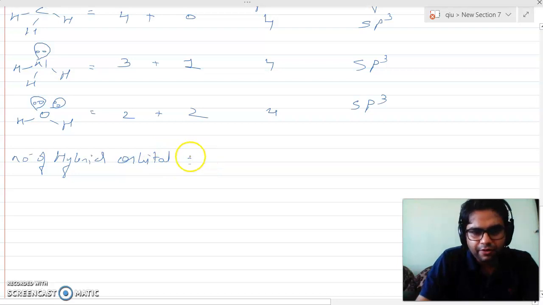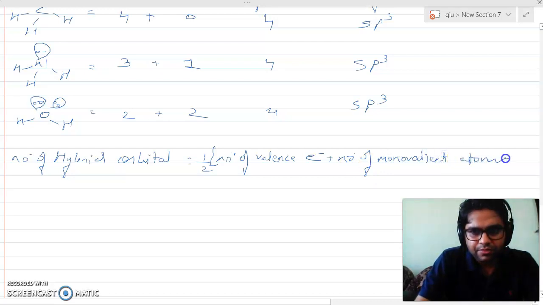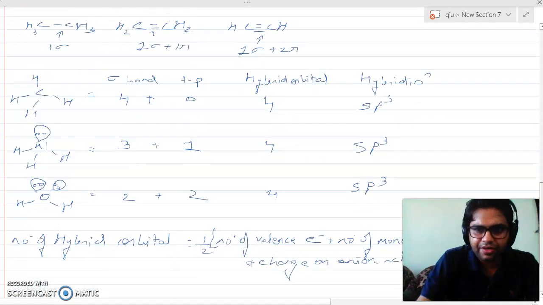So basically the number of hybrid orbitals is equal to half of the number of valence electrons plus the number of monovalent atoms plus the charge on an anion minus the charge on a cation. Okay, so let's try it.